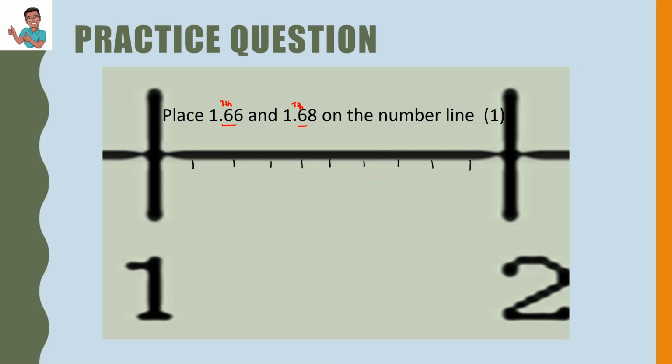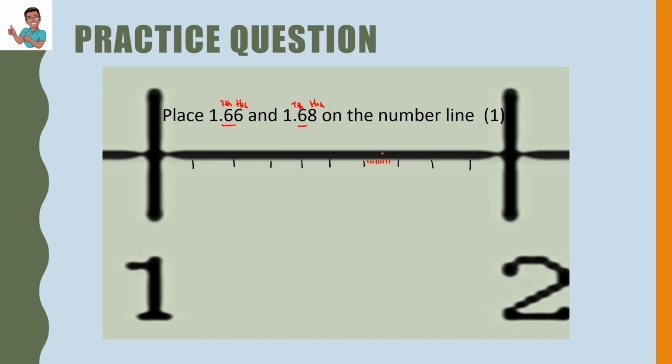Okay, let's split this up into 10 sections, since here we have the hundredths. 1, 2, 3, 4, 5, 6, 7, 8. This is very rough, however, if you have a ruler, you can do this more accurately. Okay, let's do the first one, 1.66.